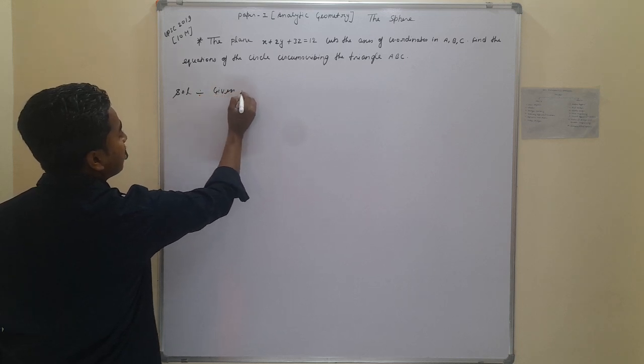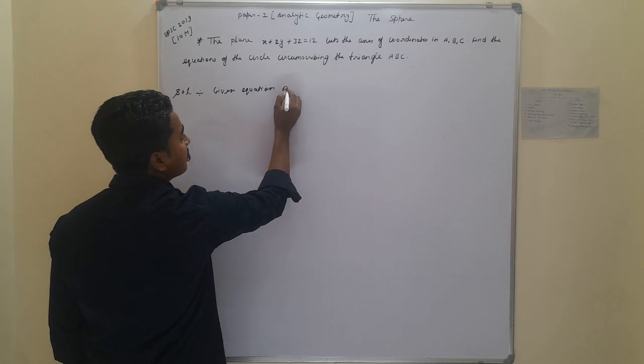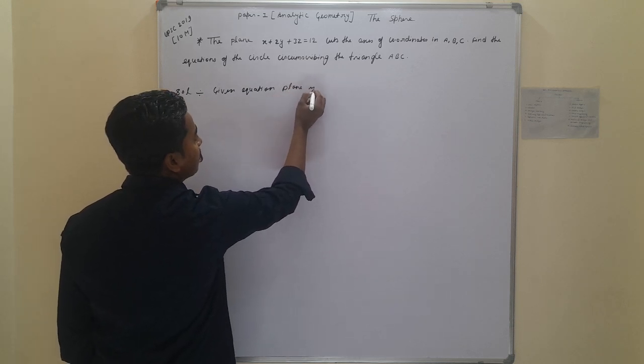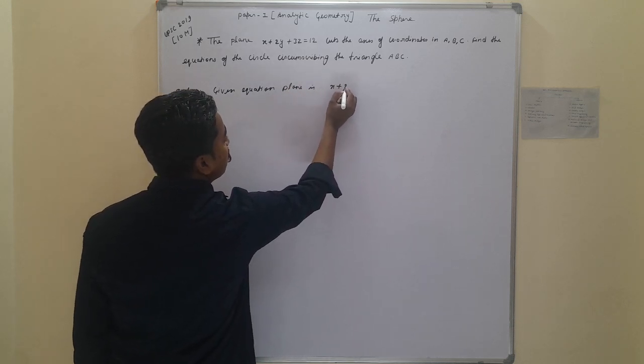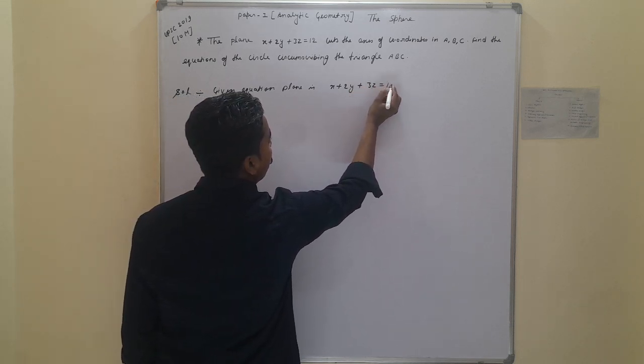Given the equation of the plane x + 2y + 3z = 12.